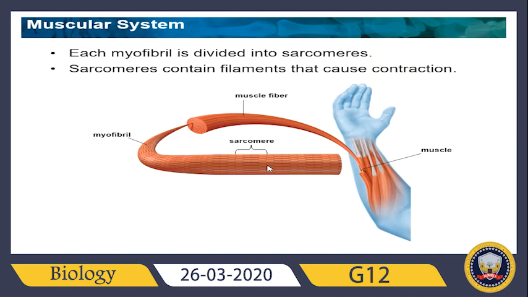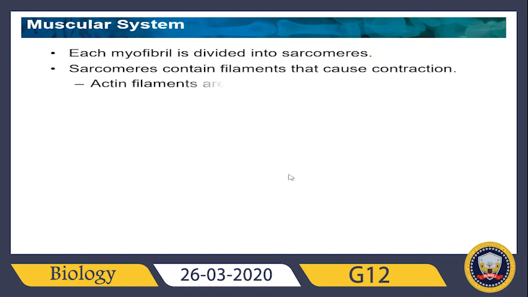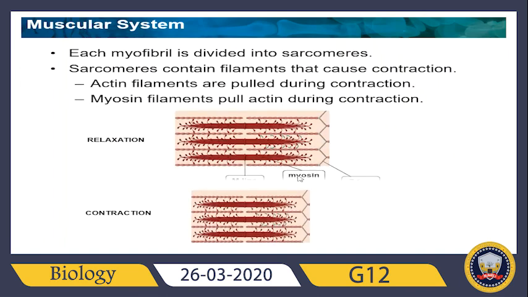The side here is the Z line. This is the myosin, and this is actin. You see this small long thing, this is actin, and this dark red is myosin. So actin and myosin, with the Z line and the M line, compose sarcomeres.